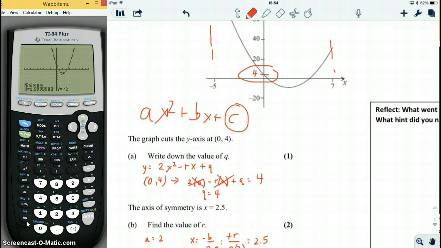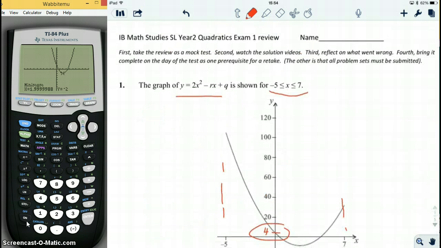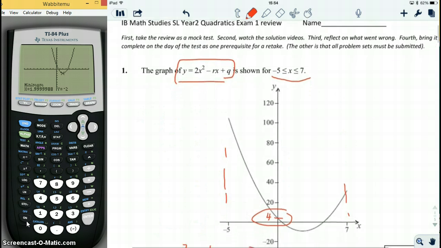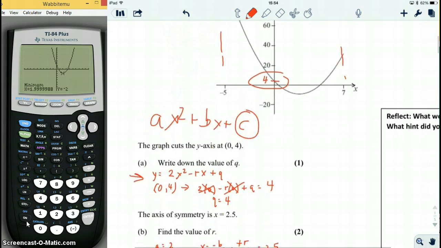So here we're going to go down here, write down the value of q. They give you the form here, but without numbers in it. So we just copy it down here, 2x squared minus rx plus q. And then what did I do? They give us a point, which is (0, 4). x equals 0, y equals 4.